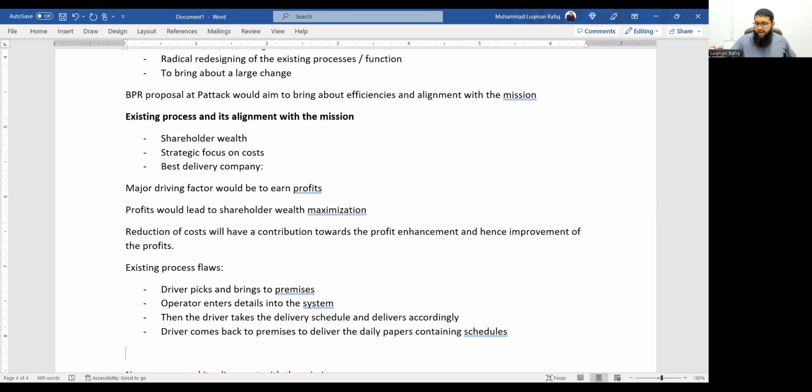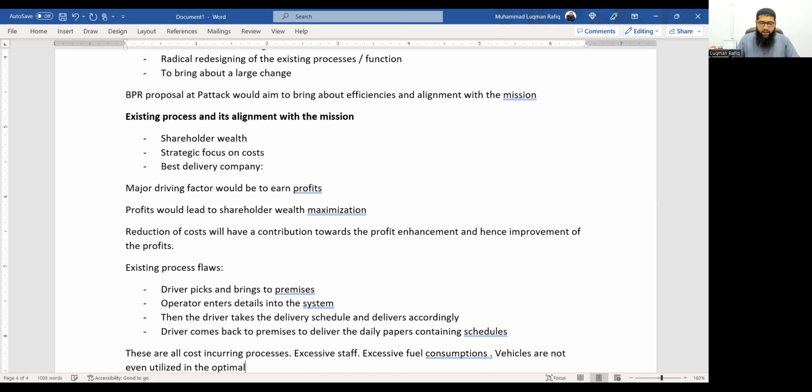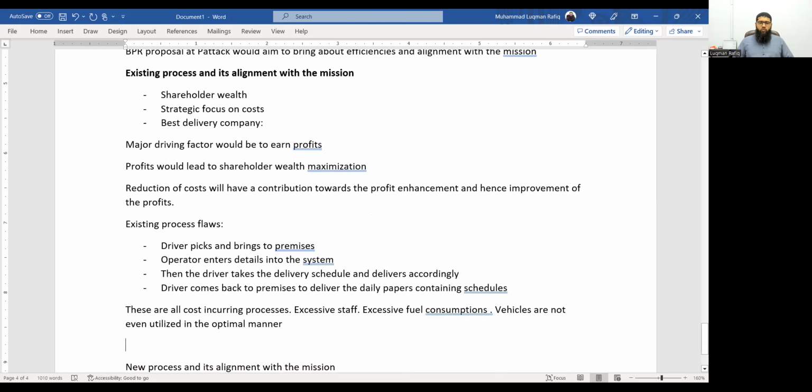You need to understand this concept that these are all cost incurring processes: excessive staff, excessive fuel consumption, and the vehicles are not even utilized in the optimal manner. Right? This is what it is going to be.